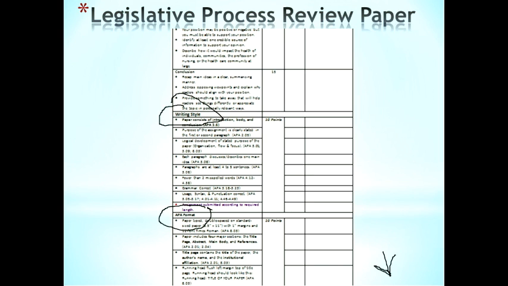We did this because there's only 10 points taken off for each of these areas, for the entire writing style and also the same for the APA format. What we cite here is exactly where in the APA manual the particular items about writing style and about APA format were taken, so that you can go back and reference those and read about it a little bit more in depth if you're having some problems.